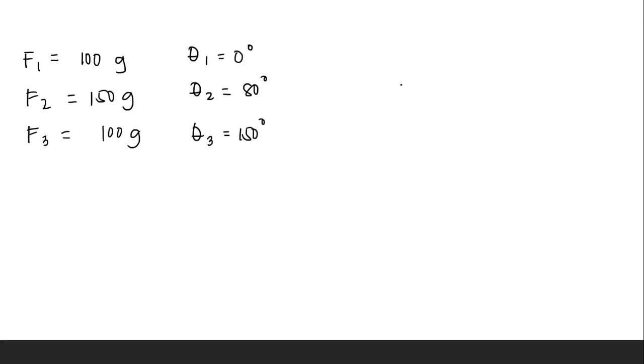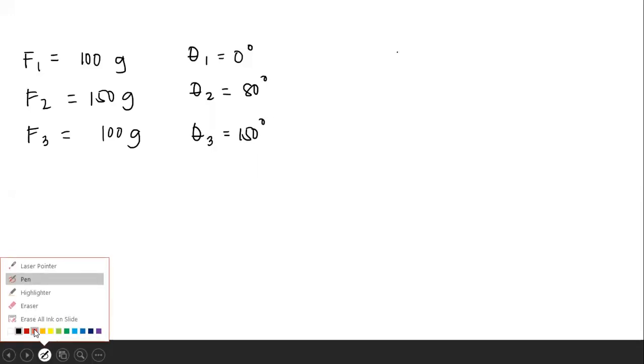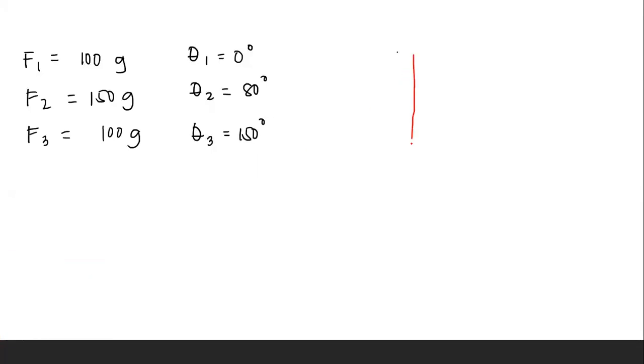Okay, draw the figure. We have the y-axis, the x-axis, y and x. Now, from your x-axis, you have 100 grams. Theta 1 is 0 degrees. Therefore, this one is your F1.